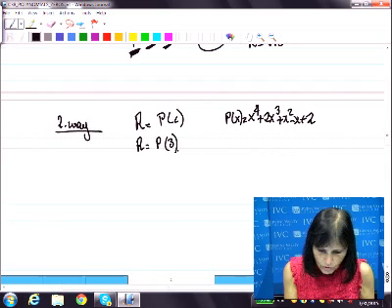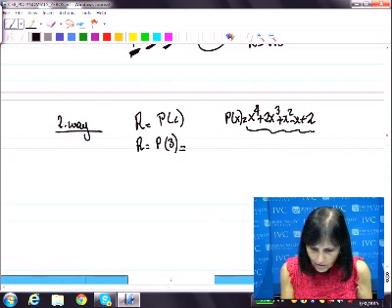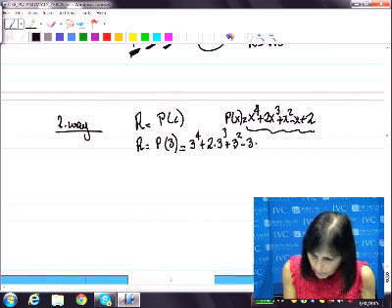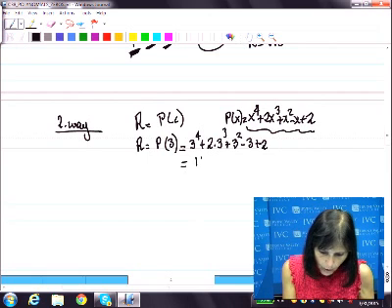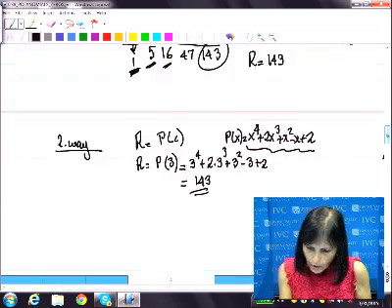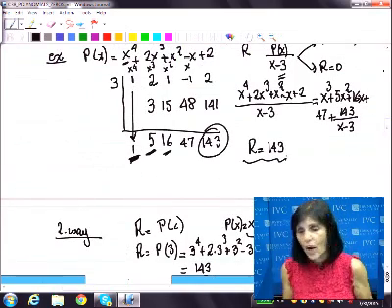So all I have to do is plug in 3 into this equation, and I literally do 3 to the 4th plus 2 times 3 to the 3rd plus 3 to the 2nd minus 3 plus 2. When I plug all that in, guess what I get? 143. And that was what I found out by doing synthetic division to start with.